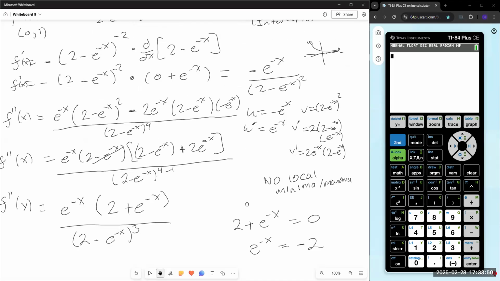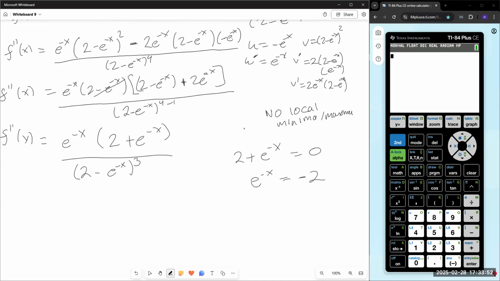It never becomes negative. So that doesn't happen. And the denominator is, again, not changing. So there are no points of inflection here for this problem.